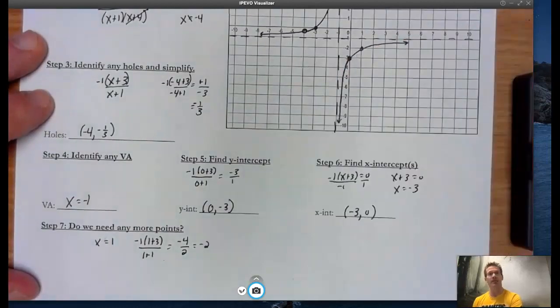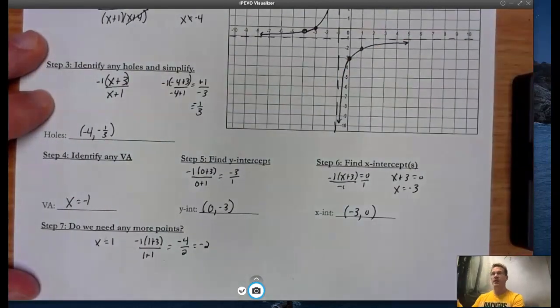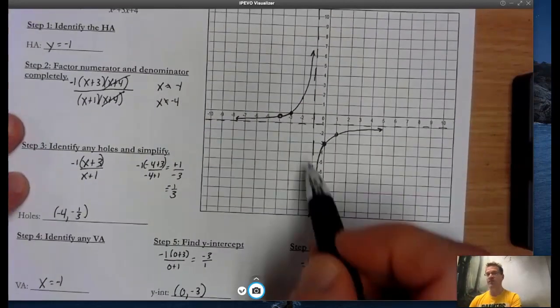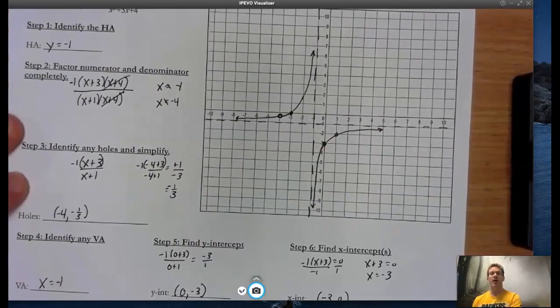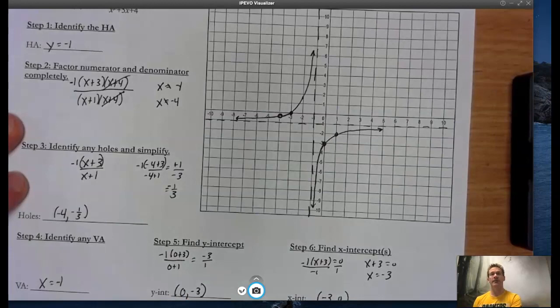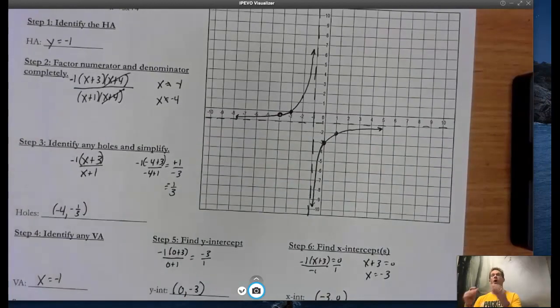So there's (1, -2). You could pick points and plug those in and just generate more points on your curve if you feel like between all this other information there wasn't enough information for you to sketch your graph. Same thing, I could plug in -2 here to make sure that it's going up. Remember, you can always add more points if you're unsure.